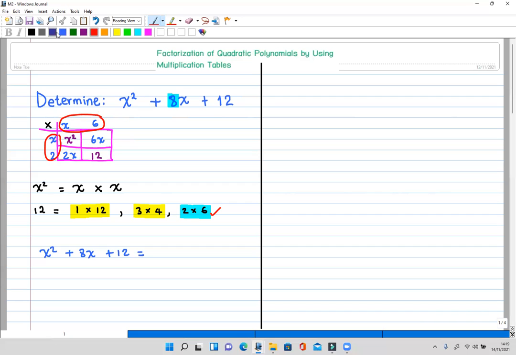Okay, so that is x plus 2 into x plus 6. So there we have finished factorizing it using the multiplication table. Let's check.